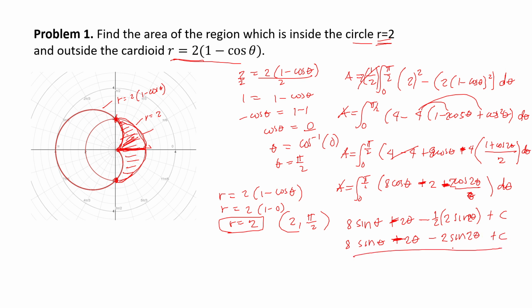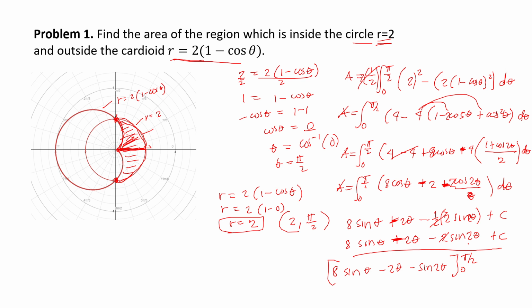So this is the answer: 8 sine theta minus 2 theta minus, cancel this part, sine 2 theta. Then after that, 8 sine theta minus 2 theta minus sine 2 theta from 0 to pi over 2.